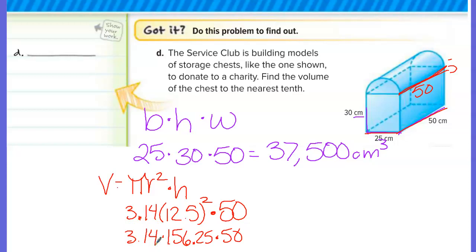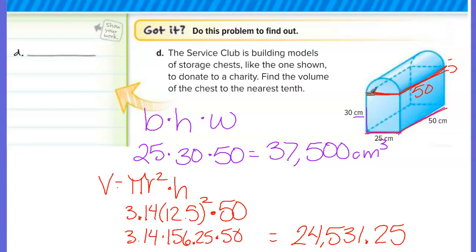I'm just going to do all of that in one step, and I get a final answer of 24,531.25. So that would be the volume of a cylinder. But I don't have a full cylinder there. I have it cut in half.